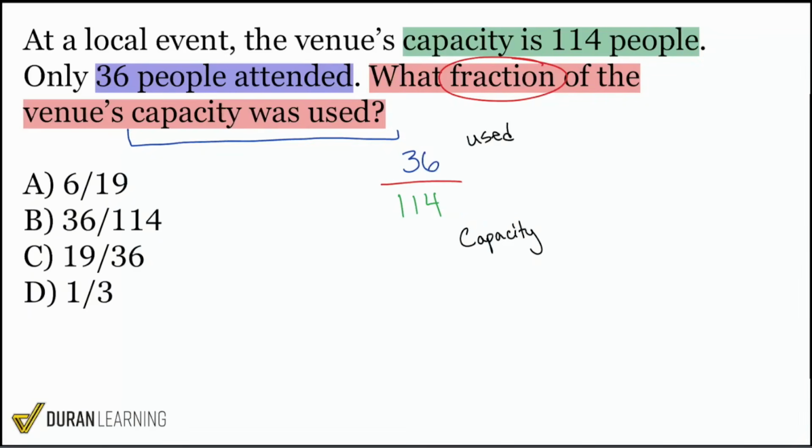Excellent. Sounds good. So one of the answers that you may have chosen that would have been correct is B right here. This will be, for today's purpose, correct. 36 out of 114. That is the fraction that represents the venue's capacity that was used. However, what can we do? What is that S word that we should do?